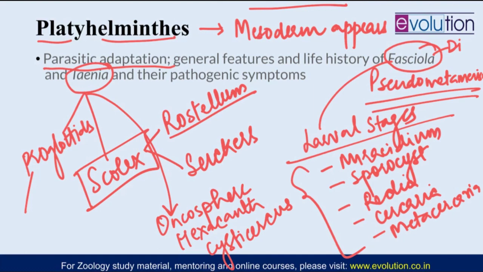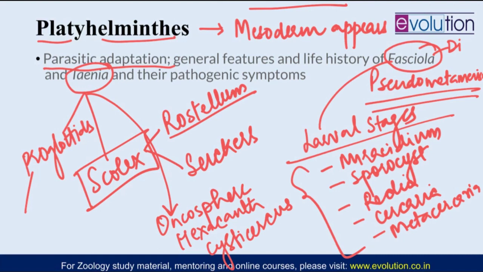Then the diseases which both of these parasites cause, under Taenia you don't have to just study Taeniasis, but cysticercosis is also important. So all the pathogenic symptoms of these diseases you also have to deal with, and here you can also study different types of medicines and curative measures which are taken to prevent these diseases.